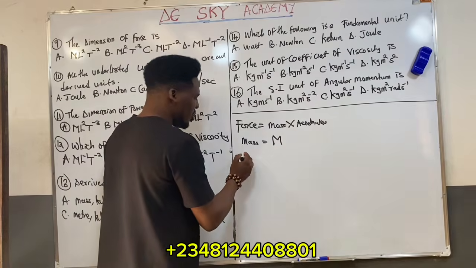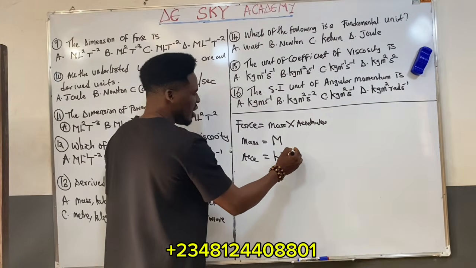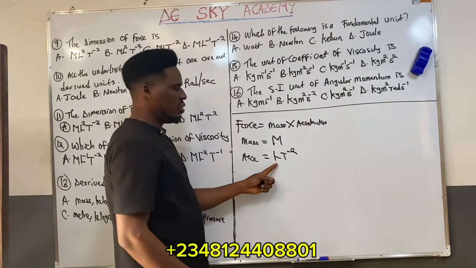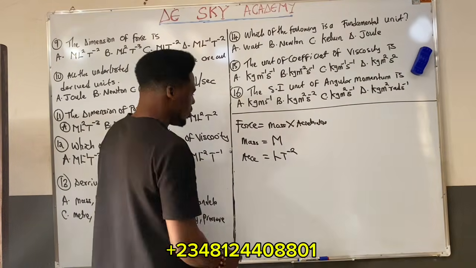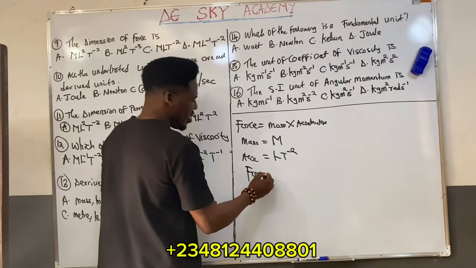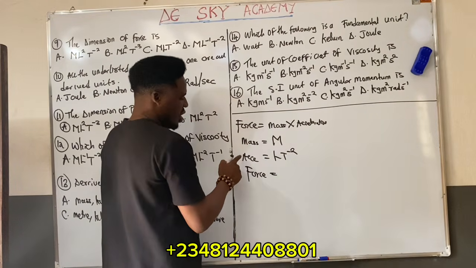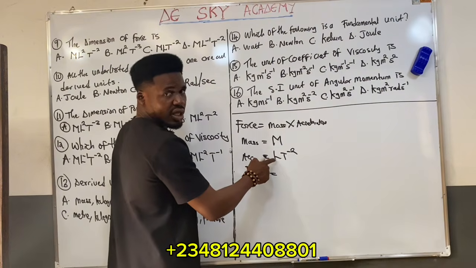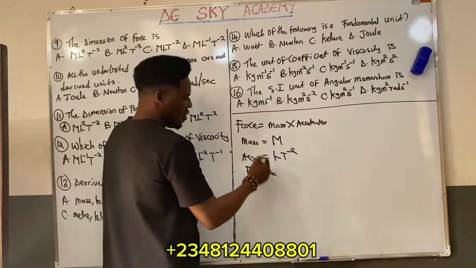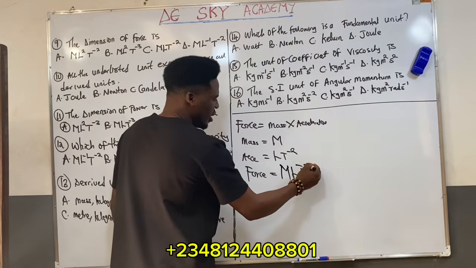And you know that the dimension for acceleration is LT⁻². So for us to calculate the dimension of force, any place I see mass, I'll put M. Any place I see acceleration, I'll put LT⁻². So I'll now have it as MLT⁻².